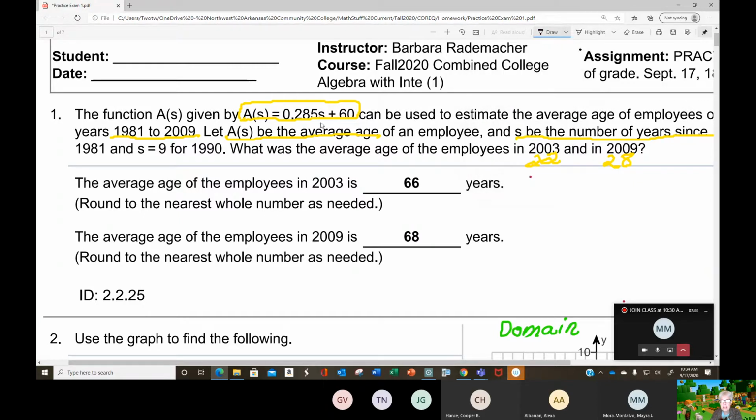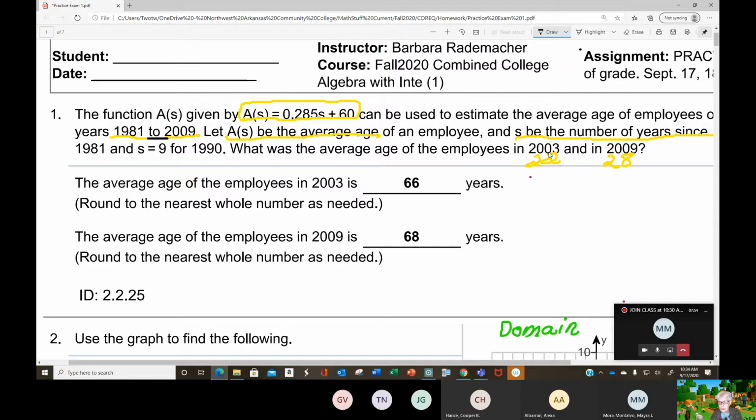It's good to go through these word problems, read them several times, then start underlining what you realize is the most important part.